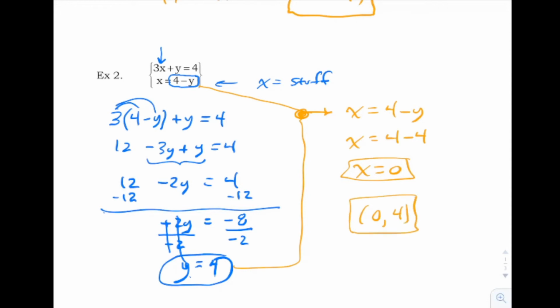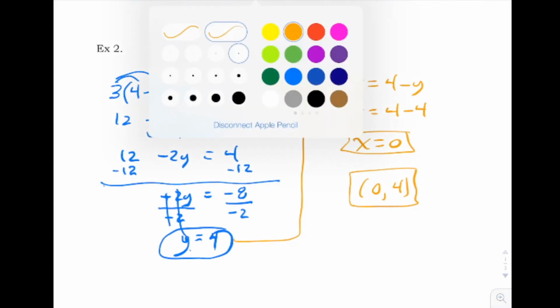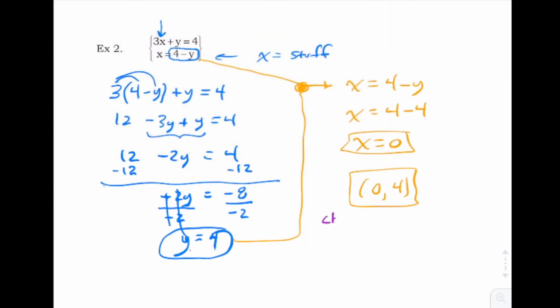Now, if you wanted to check your answer, in fact, let's check in a nice color. If you wanted to check your answer, the exact way is to try the solution in, and this is the important part, both of your original equations.